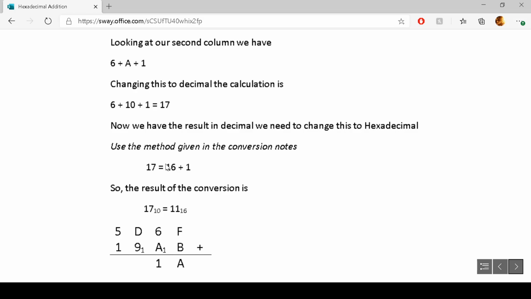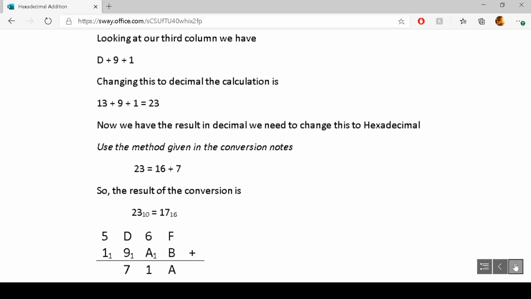So we have got one copy of 16, so that's where that particular number comes from. And then we've got 1 here. So 17 decimal is equal to 11 hexadecimal. So we'll put 1 down here and then carry the 1 across.